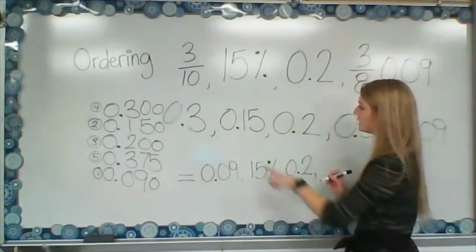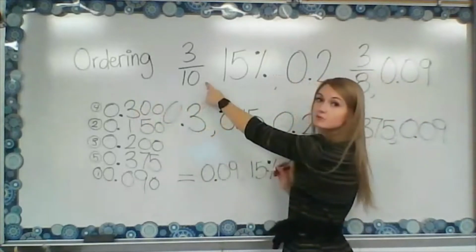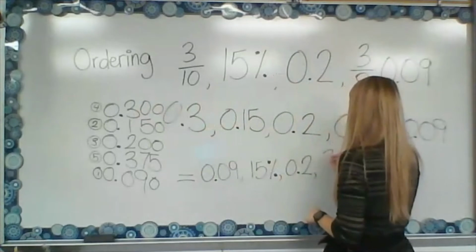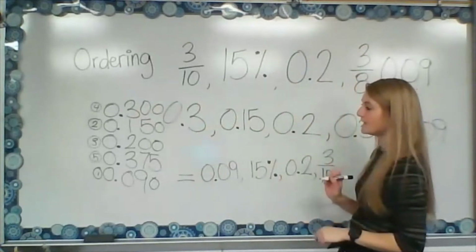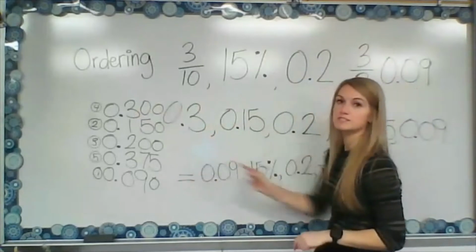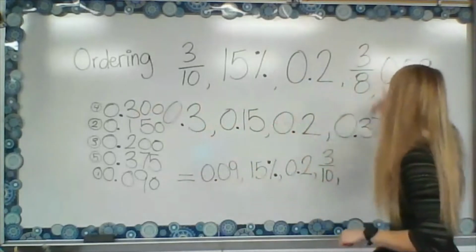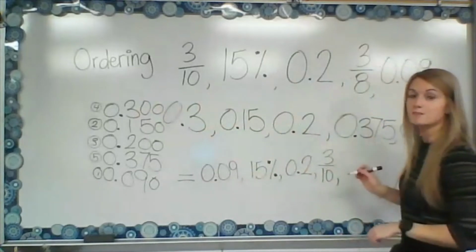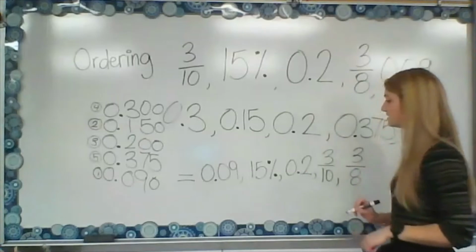And then my fourth spot, 0 and 3/10ths, which I can see right here was a fraction. And then last, my biggest one was 0 and 375 thousandths. So originally that was 3/8. So 3/8 is my biggest number out of all of these. So I'm going to put 3/8 at the end.